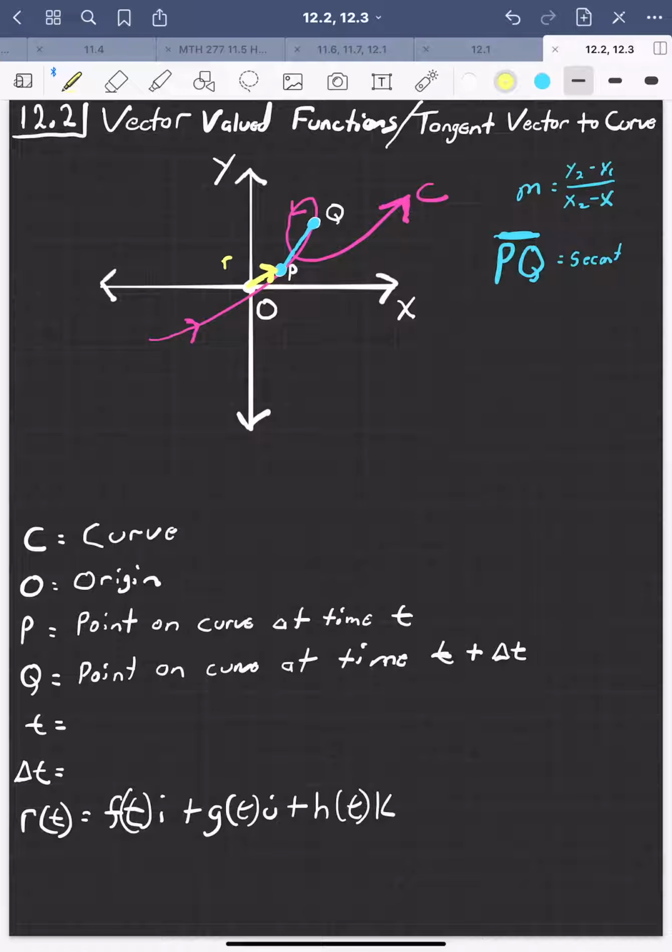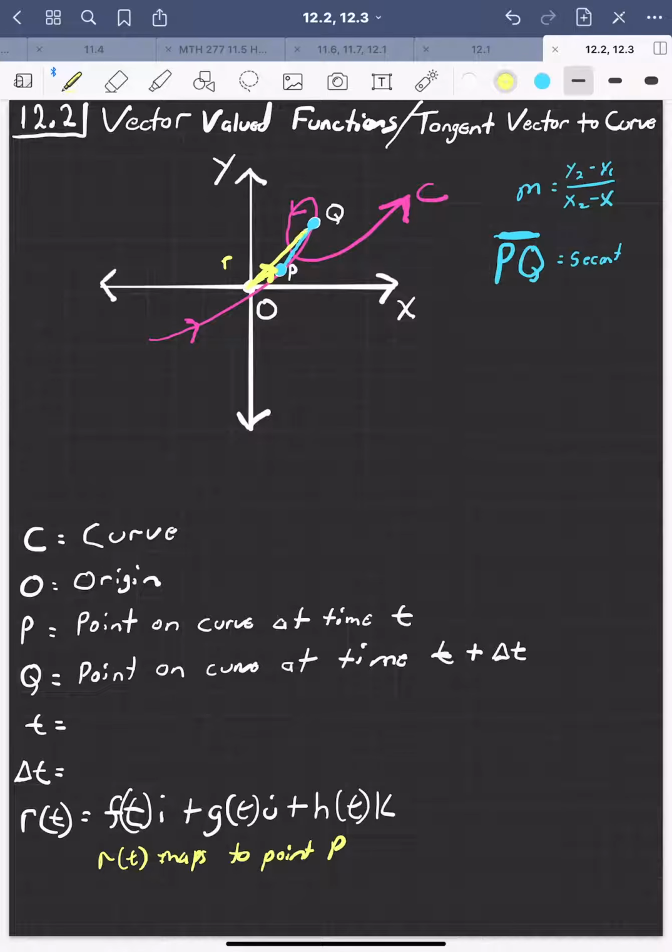So R of t maps to point P. All right, now, when you, 24 hours, say, from now, you look back through your telescope and the movement of this particle, this meteor, has changed.